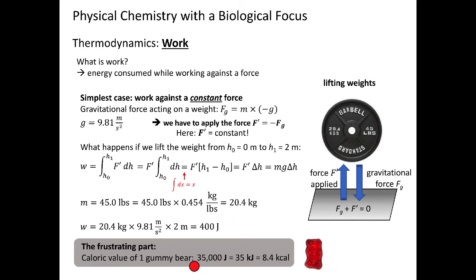Well, 35,000 joules is 35 kilojoules, and if we convert that into kilocalories, which in slang is very often called calories, but it's actually kilocalorie, it is 8.4 kilocalories. So you can calculate for yourself how often you basically have to lift that barbell in order to burn the energy of one single gummy bear. Many, many times. That is then already a serious workout just for one gummy bear.